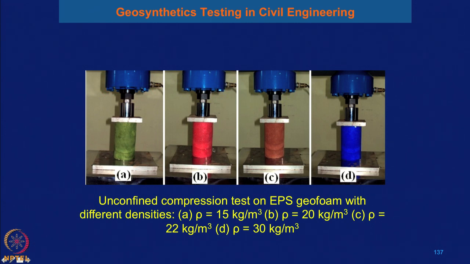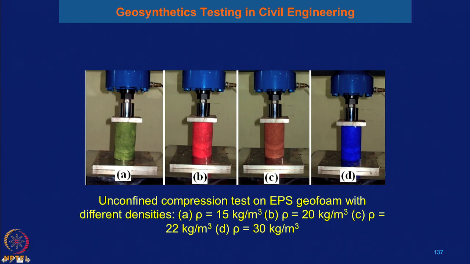For this red one, that is B sample, whose density is about 20 kg per meter cube, and for the C sample, whose density is about 22 kg per meter cube, and this D sample whose density is 30 kg per meter cube.